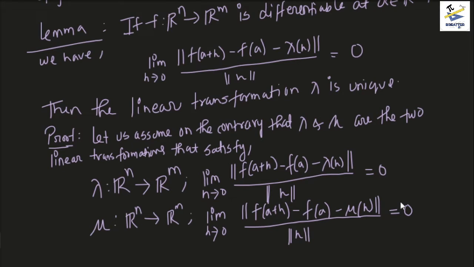How do we show that two linear transformations are equal? One way is to consider an arbitrary argument x and show that lambda(x) equals mu(x). To do that, we first need to understand how to use these two limits, because those are literally the only thing given apart from the fact that lambda and mu are linear functions. So let us proceed on that.